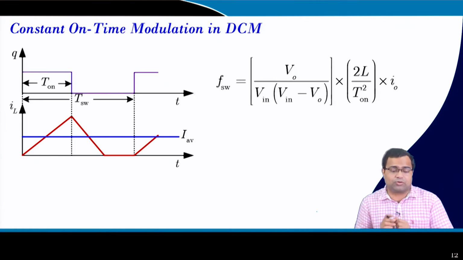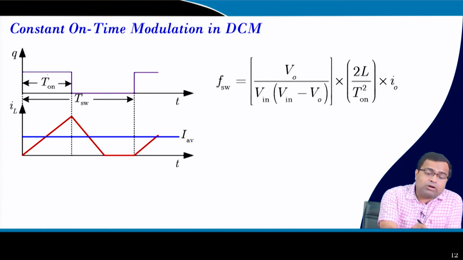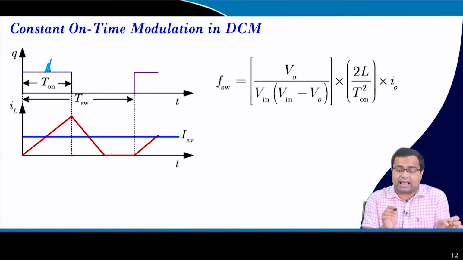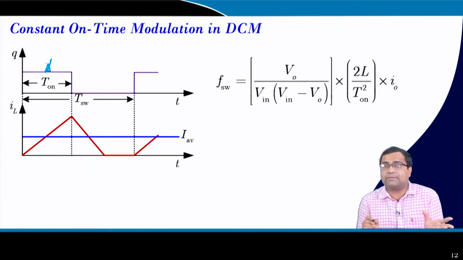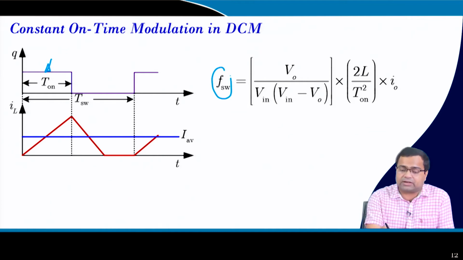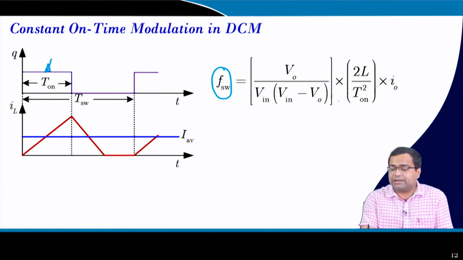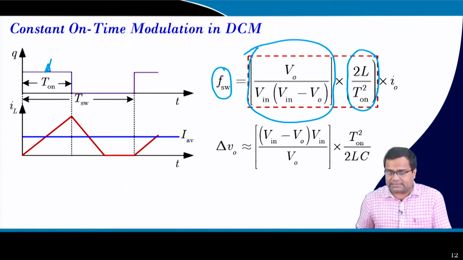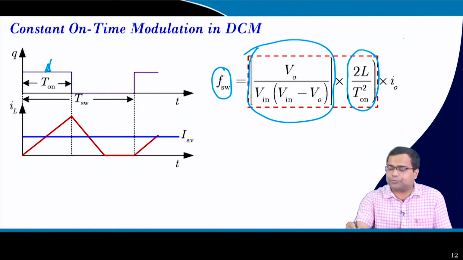So, if you take constant on time control, where the on time is constant and the time period will vary, we have seen the switching frequency under constant on time control can be written like this. If you keep the input and output voltage constant, and your on time and inductor are fixed, then switching frequency is linearly proportional to load current.